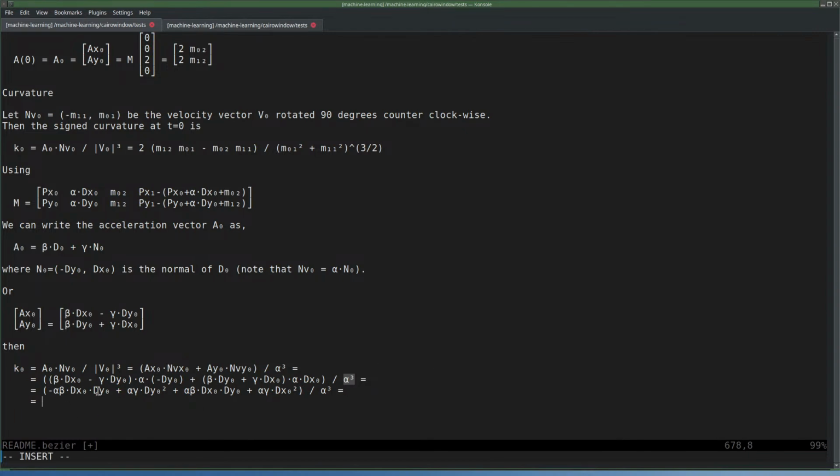Yep, and now this drops away against that. And this becomes alpha gamma times dx0 squared plus dy0 squared, which is 1, because these are direction unit vectors. So the result is gamma divided by alpha squared. And I was right. Beta dropped out, and it is simple.